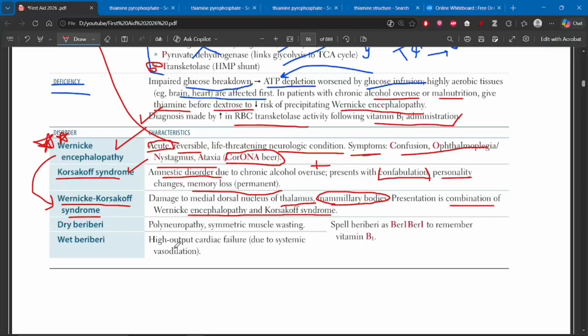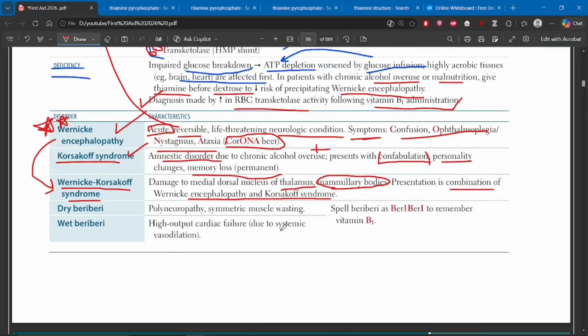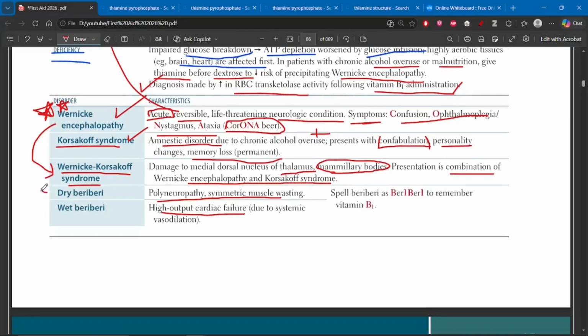Now, beriberi is also a disorder that can occur. Dry beriberi is basically a neuropathic disease. Wet beriberi is basically cardiac disease, in which there is high output cardiac failure. Now, the best way to remember which is dry and which is wet is to imagine that the heart has a lot of blood.